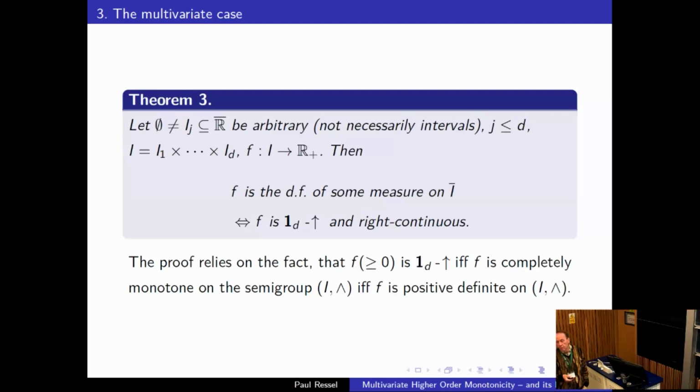So far, this is in fact the only way I know of to get hold of a measure. So given a function which is 1d increasing and right continuous, one has to rely on these results. I never saw any other.